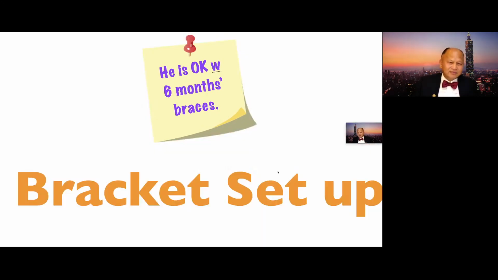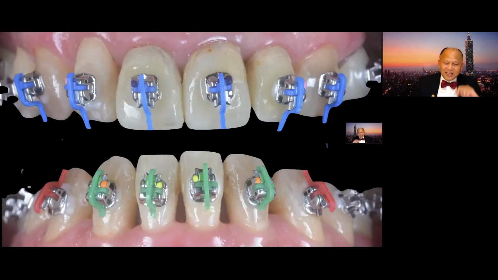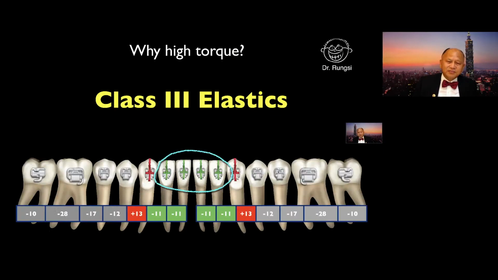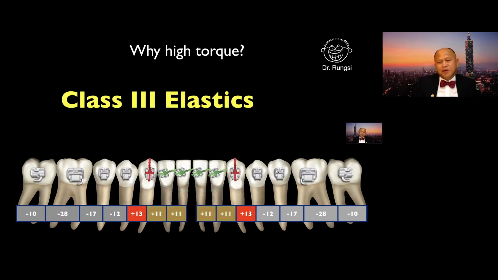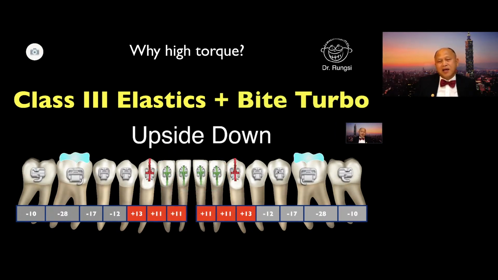6 months. Guess what? That is my bracket setup. On the top, I use standard. Down below, I use high torque bracket. Because the company didn't produce a high torque bracket, they have low torque bracket, so in order to get a high torque bracket, I fit it upside down and it becomes high torque.